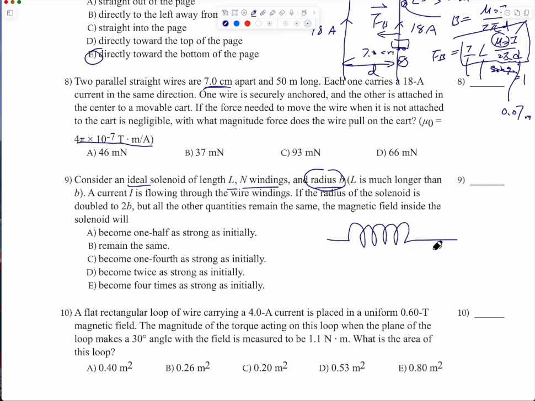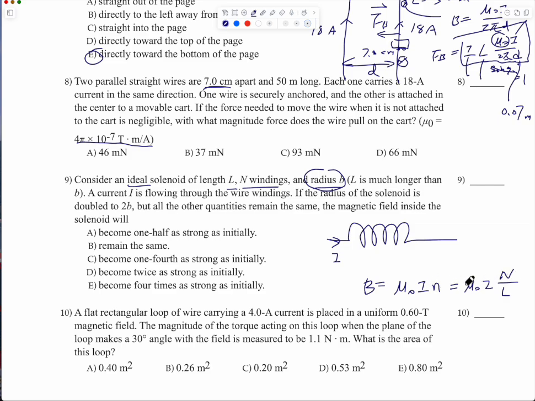This is called a solenoid. We call it a coil, it doesn't matter. The magnetic field is proportional to the current: B equals mu naught I n, where little n is the number of turns per unit length. So this is also equal to mu naught I capital N divided by length.